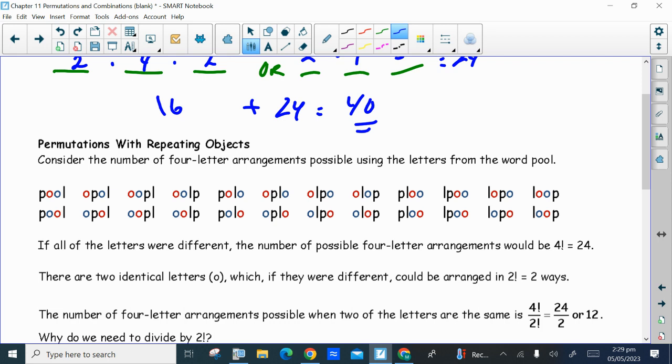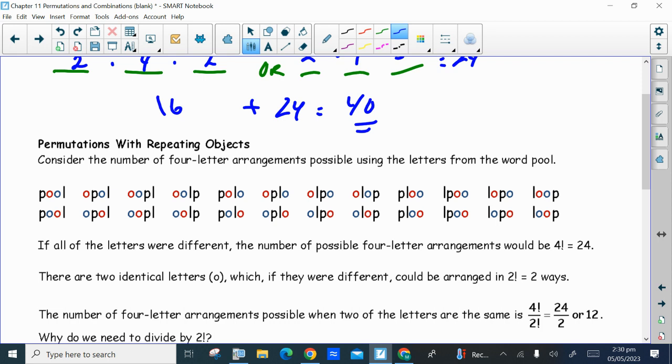So on the screen, you can see that the O's have different colors. So you can see which one is changing position and which one isn't. But even when we do that, all the arrangements on the bottom row are exactly the same as the arrangements on the top row. The only difference is that the color of the O's differ.